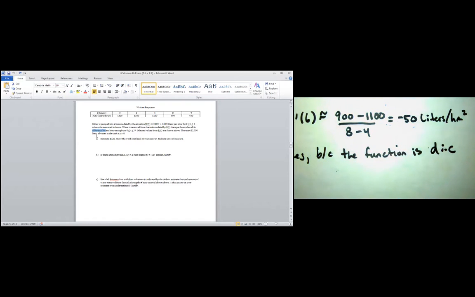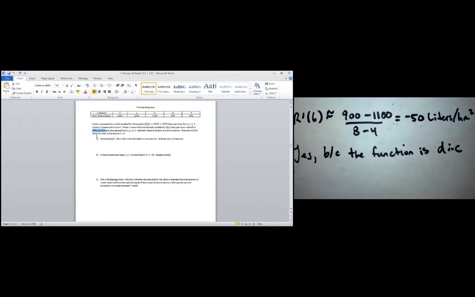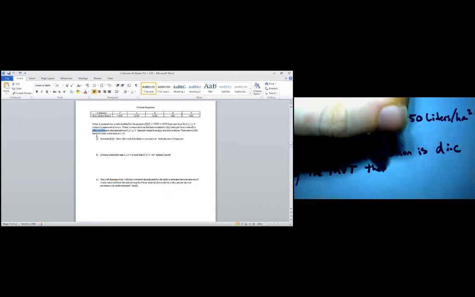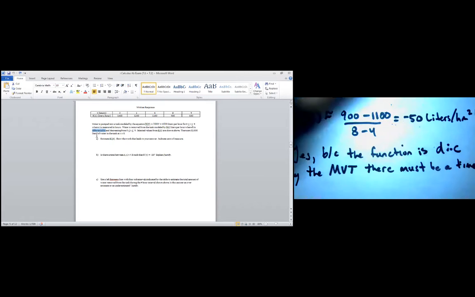But for right now, yes, BC, the function is differentiable. Three triangular dots means therefore. As long as you know what you're talking about, I don't care how you say it, but on the AP exam, write this out: is differentiable and therefore continuous by the MVT. There must be a time, I'm basically just rewriting the question.